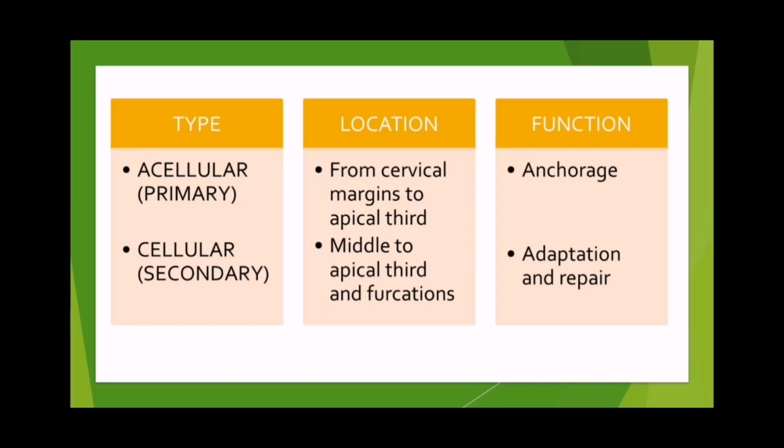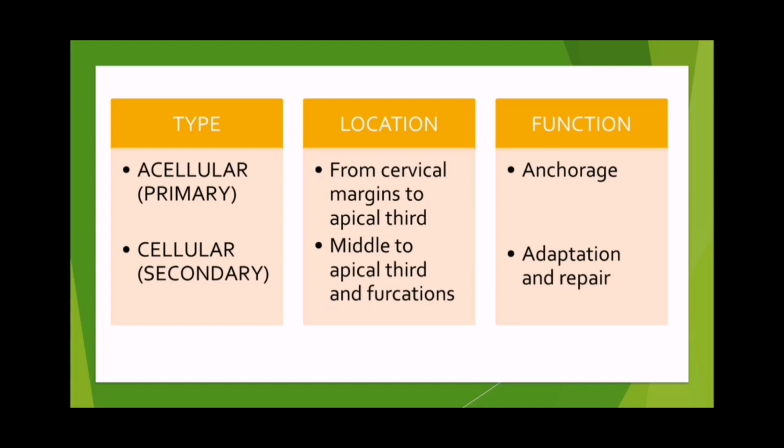Types: we have two types of cementum. We have acellular cementum and we have cellular cementum, also known as primary and secondary respectively. Acellular cementum is found from the cervical margin to the apical third of the root.